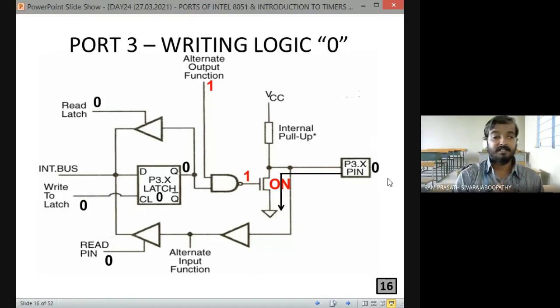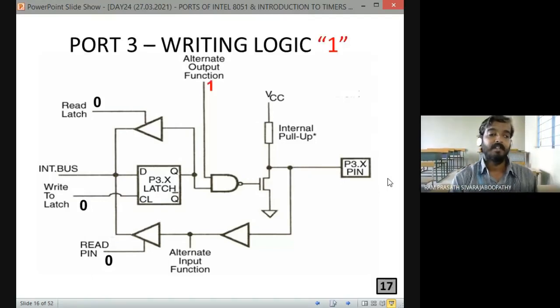Next, writing logic 1. The same here. Logic 1 gets into the latch. So the inputs are 1 and 1. What about the output of the NAND gate now? Yes, 0, very good. 0 means what is the condition of the field effect transistor? Off. That means it works as an open path.